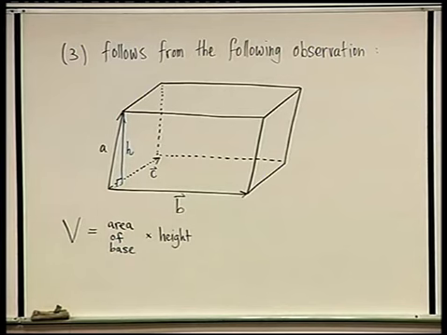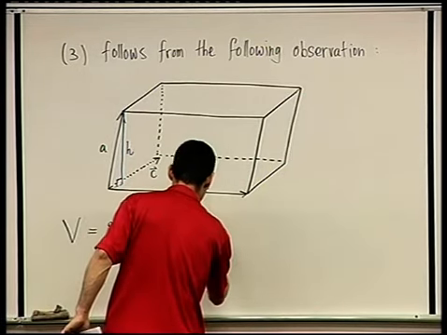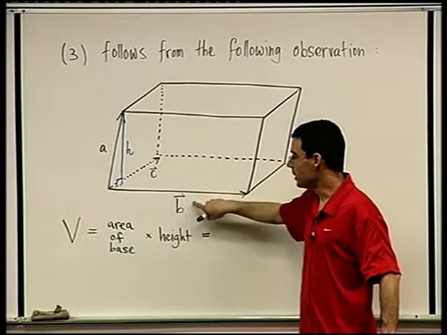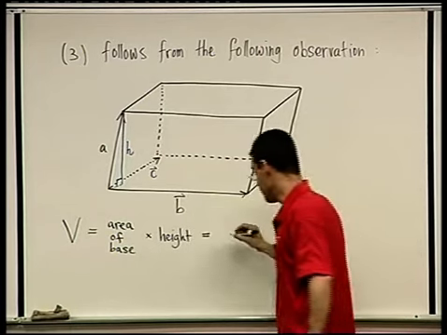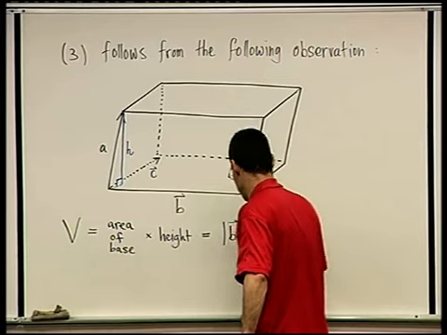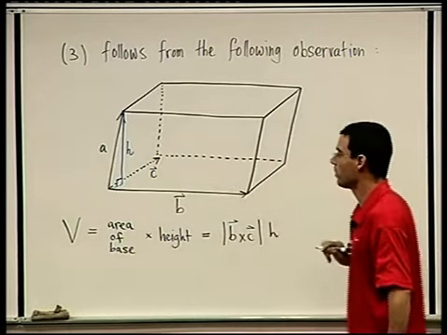Good? So now I'm going to write the volume of this thing is what? What's the area of the base, which is a parallelogram based on B and C? Right, the absolute value of B cross C, that we discussed previously. Do you agree? Times H. H is just a number for now.